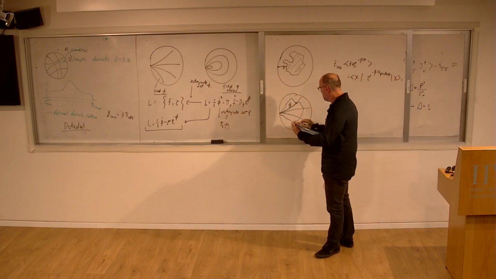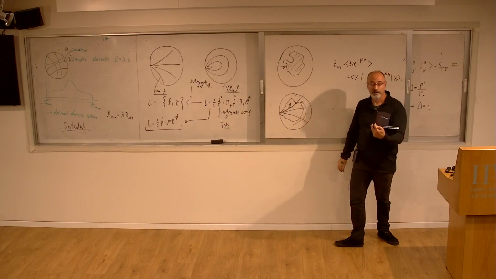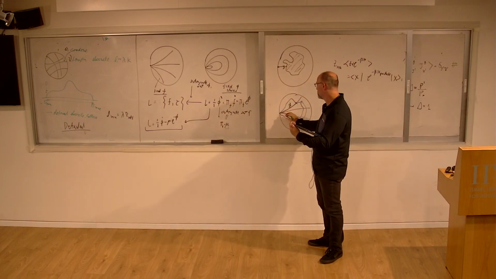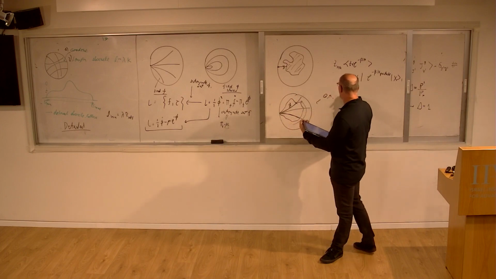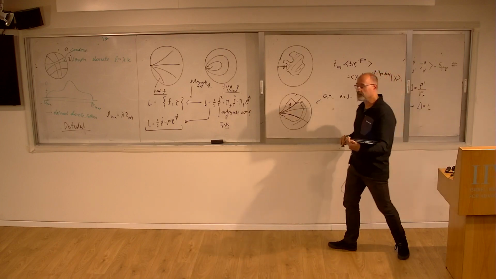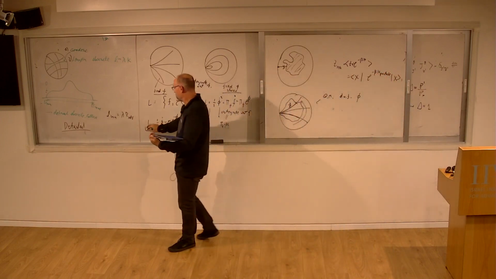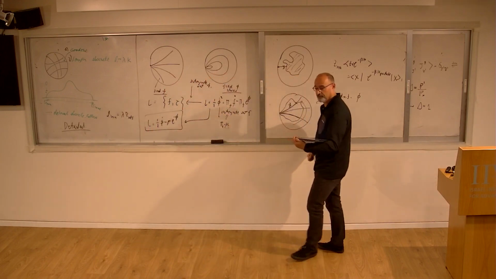As I propagate time along this curve, really my degree of freedom is the distance from here to here. So I'm going to have in this picture some quantum mechanics of some degree of freedom, which is phi. And this is exactly the thing that is described by this Liouville degree of freedom.